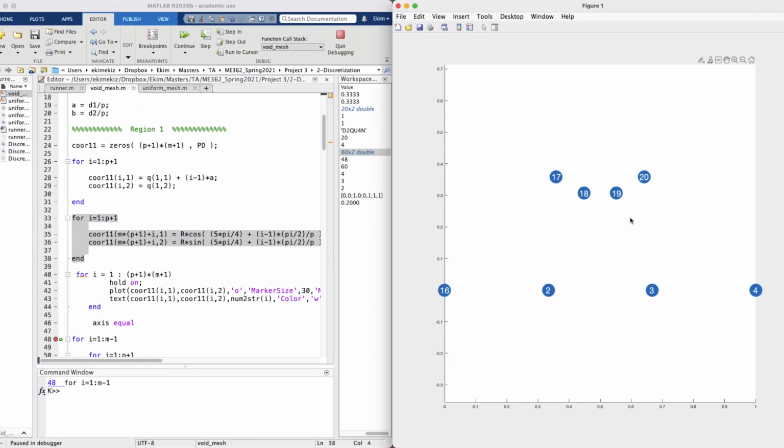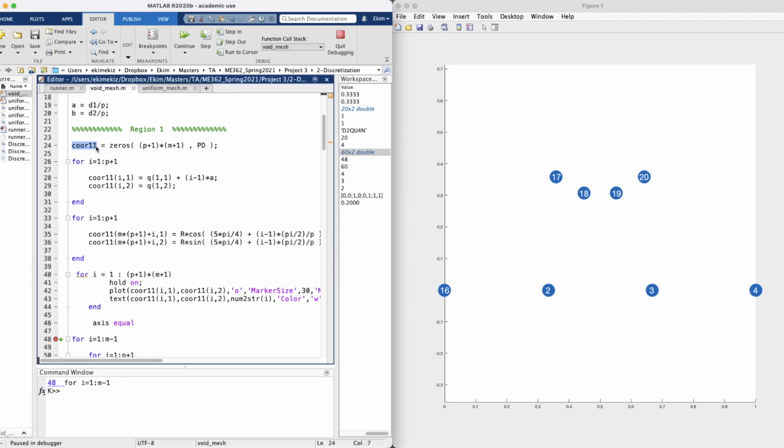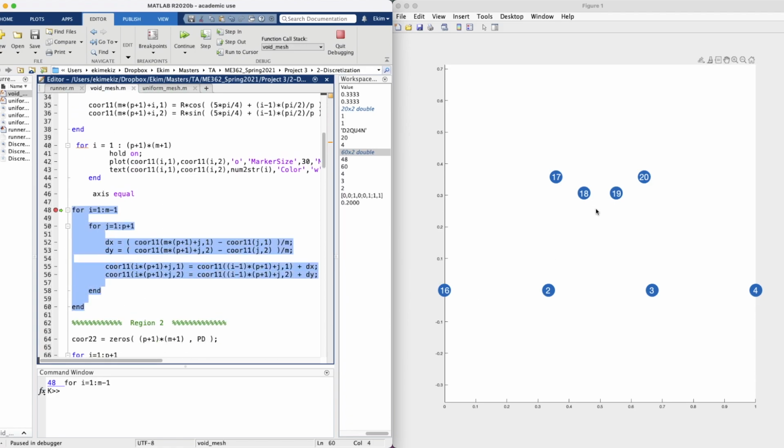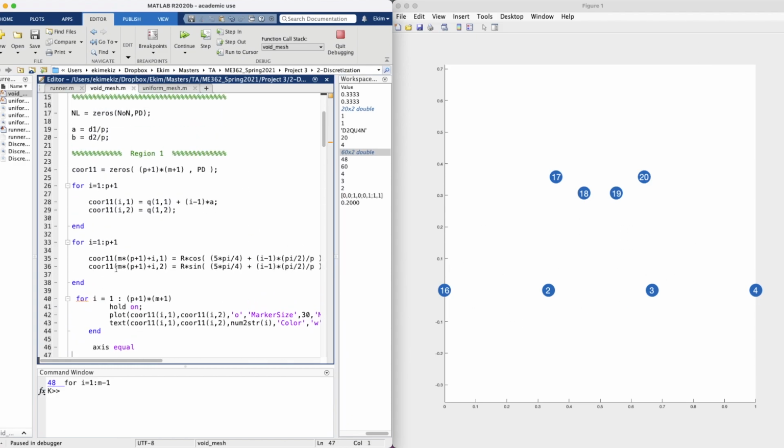And the reason you'll see a 16 here instead of 1 is, remember we initialized our core 1,1, but we didn't actually find the coordinates of the nodes in this region. So they are 0 and 0. So every node that we didn't find yet is plotted on top of 0 and 0. So this is what we want to do in these 2 for loops. And then here we will fill in the blank region. Okay, so let's see what these 2 do first.